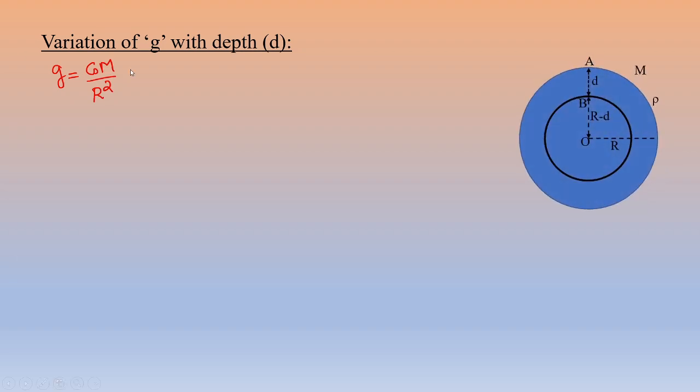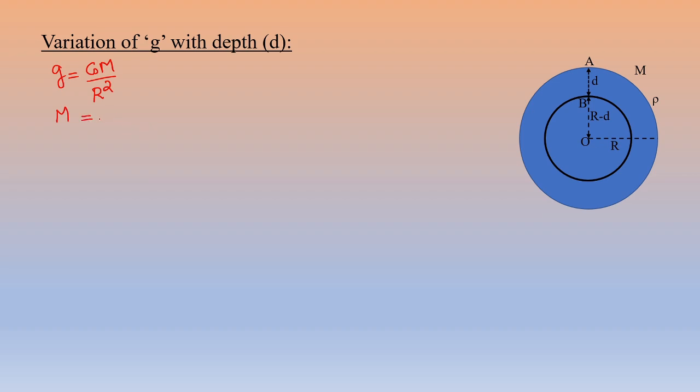On the surface of the earth, we can write g is equal to GM divided by R square. Suppose we have the earth of mass capital M and radius capital R, and if rho is the density of the earth, then we can express capital M in terms of the density and the volume.